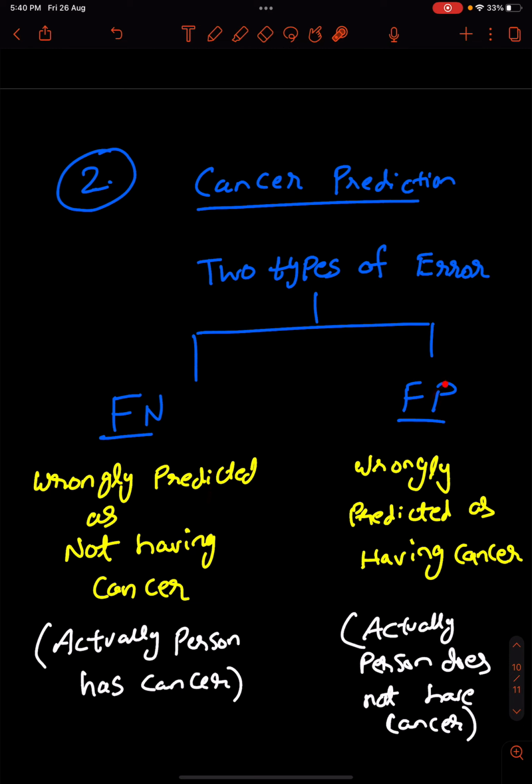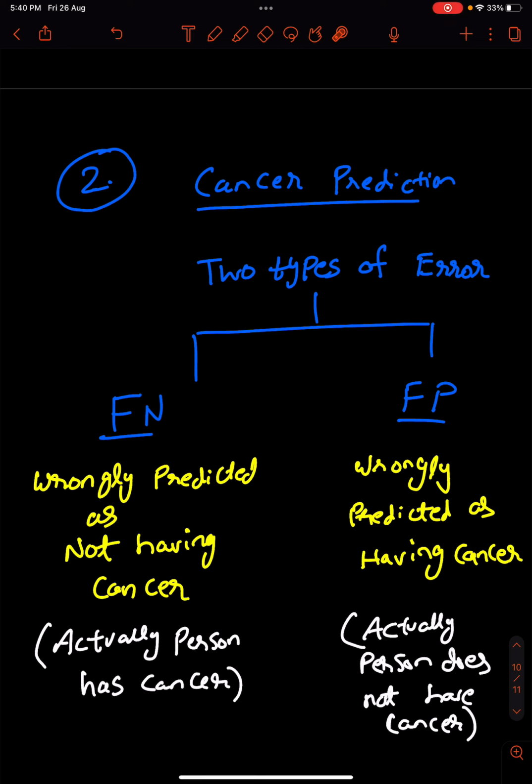So what about false positive? Well, I want my model to have as few of these as possible. Obviously, I don't want any kind of error from the model. But among these both, this is less critical, because I may predict a person is having cancer where in fact he actually doesn't have it, but my model is predicting that he has cancer. What could be the big loss?